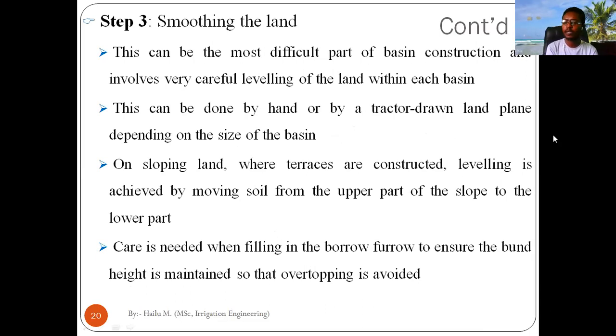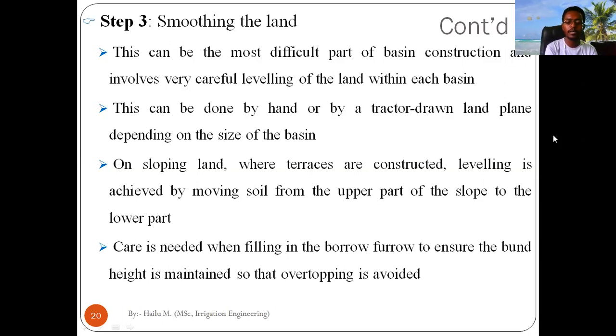Okay, thirdly, we smooth the land after we make the bands. This can be the most difficult part of basin construction and involves very careful leveling of the land within each basin. This can be done by hand or by a tractor drawn land plane, depending on the size of the basin.